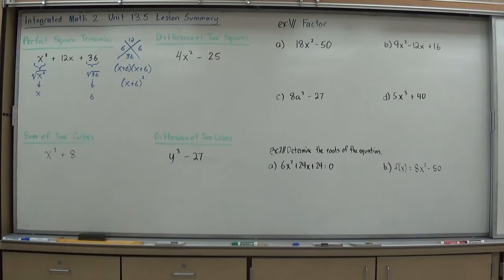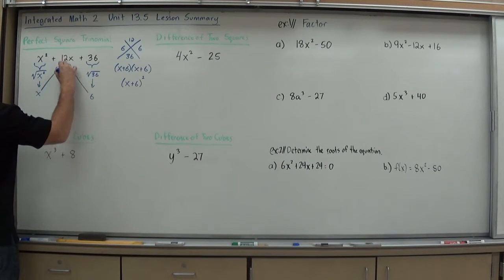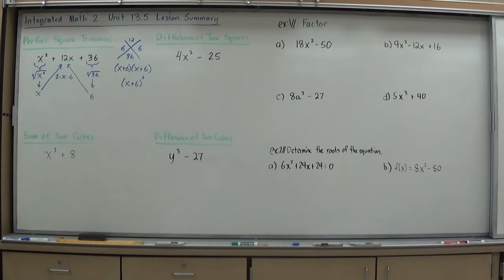And what you need to have happen in order for this to be a perfect square trinomial is these two terms, x and 6, have to multiply together and be multiplied by 2 to equal the middle term. If that pattern exists, then you have a perfect square trinomial.